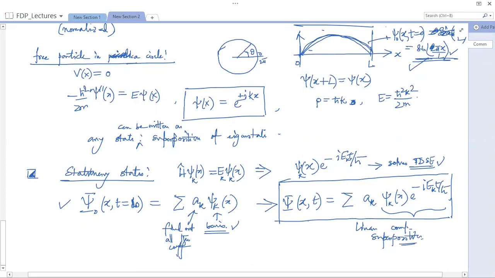Because of the linear combination, this also solves the time dependent Schrodinger equation with the initial condition. So that is the most general theory of how any state evolves in time in the Schrodinger picture.